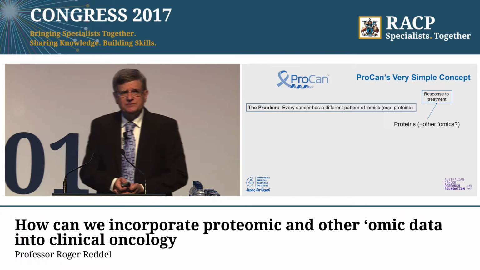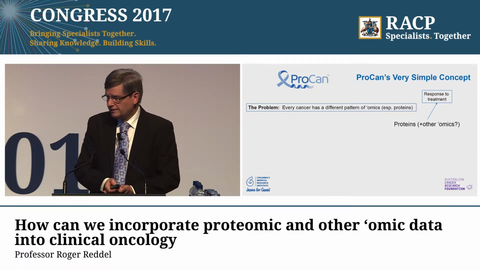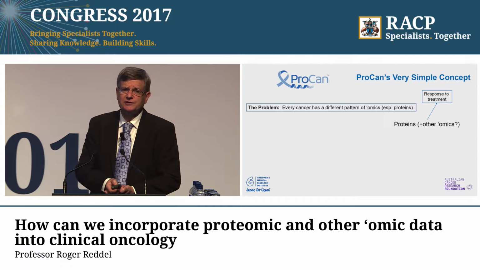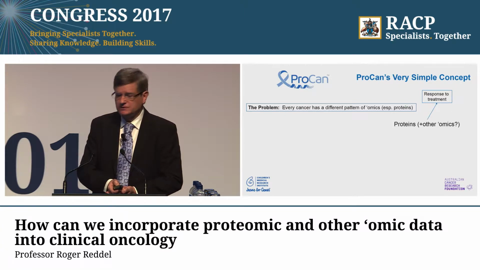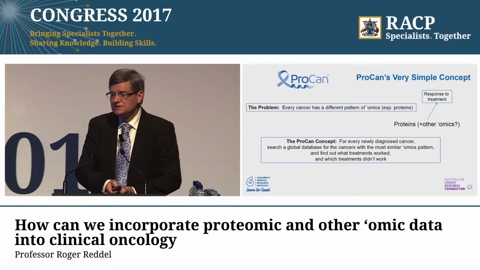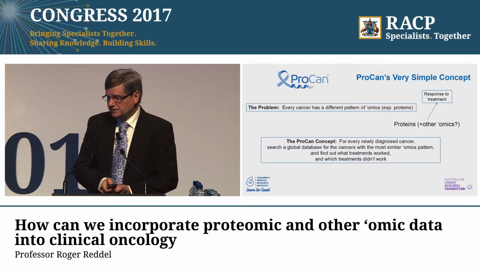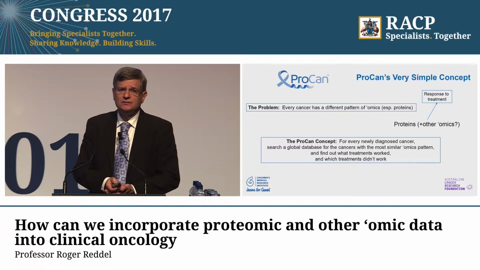So the concept of this project is extremely simple. And it's essentially that proteins and perhaps other omics can be used to predict what treatment a particular cancer is going to respond to. So the concept of the project is simply that for every newly diagnosed cancer, we intend to search a global database for the cancers with the most similar omics pattern.